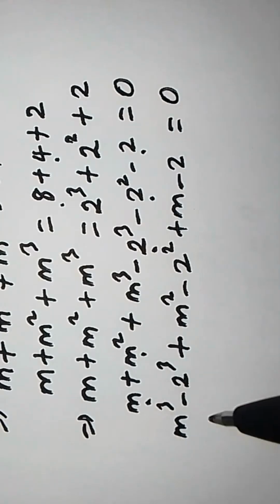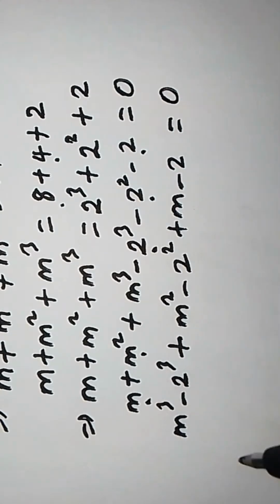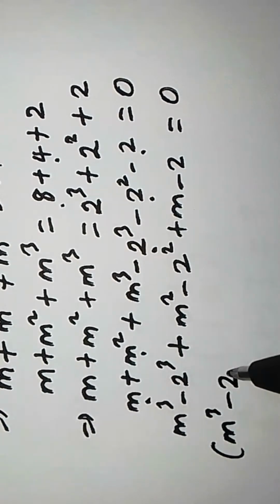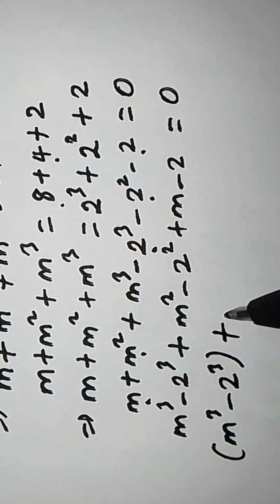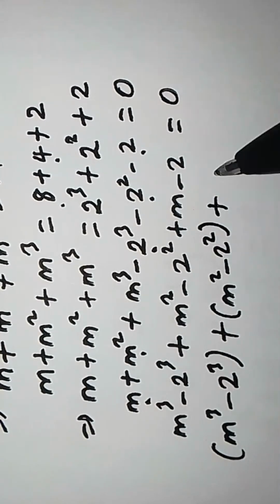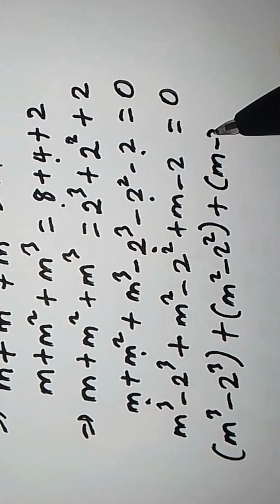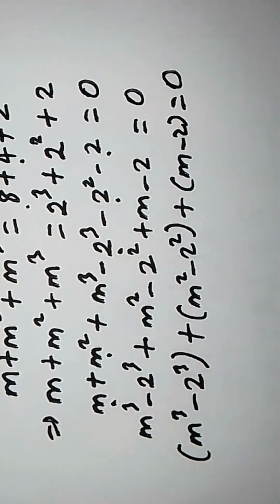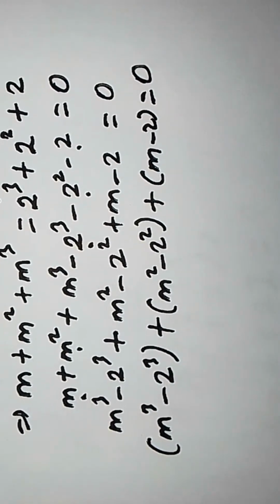Now, let's put these in brackets. So we have m cube minus 2 cube plus m square minus 2 square plus m minus 2 equal to 0. At this stage, let us recall some beautiful properties.